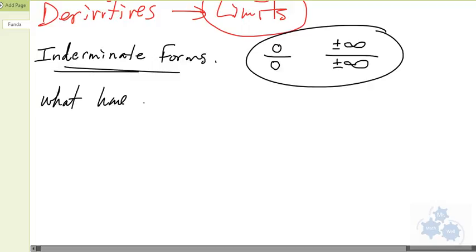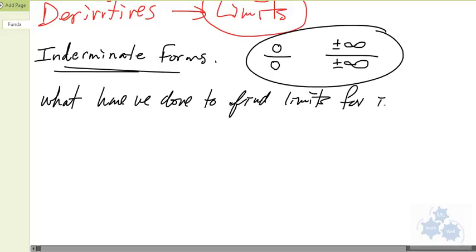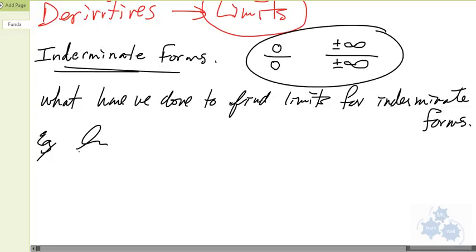So what have we done in the past to find limits for indeterminate forms? An example would be this. We have the limit as x approaches negative 2 of x squared plus 5x plus 6 divided by x plus 2.